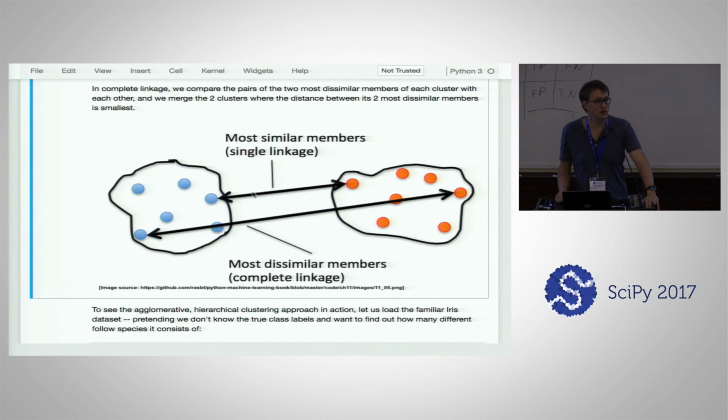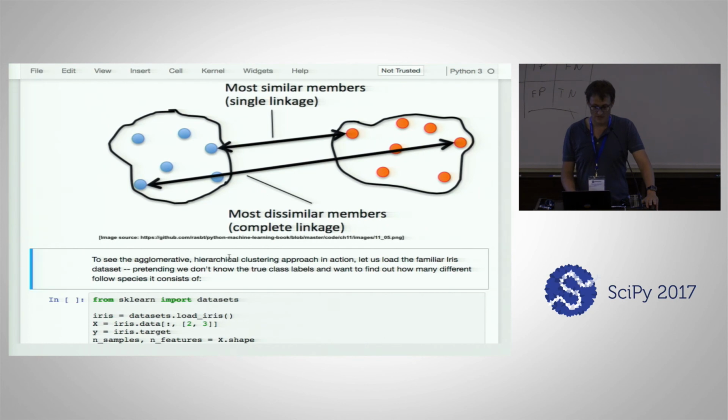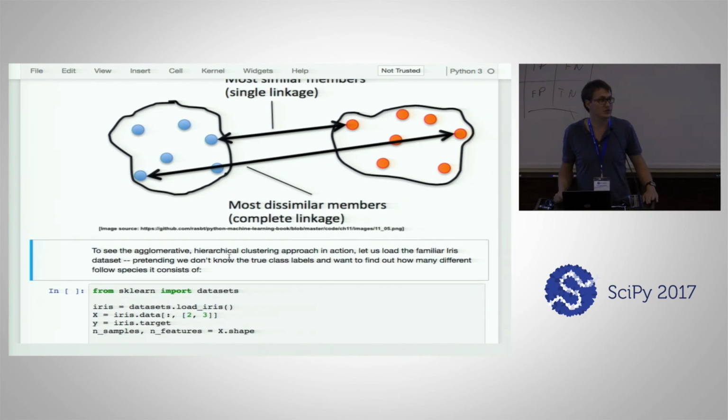You merge clusters when the biggest distance between any pair is the smallest. It's just a different way of deciding how to merge stuff. You have another one which is not illustrated here, which is called Ward clustering, W-A-R-D, which is based on variance. This is not a min and a max, but it's mostly based on a criterion that is closer to k-means, which tries to have blobs that have low variance.